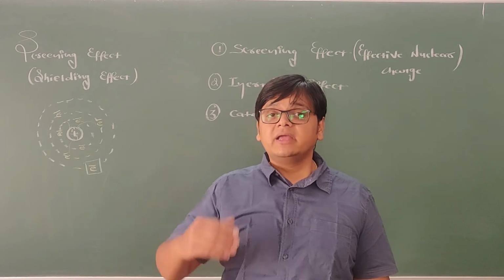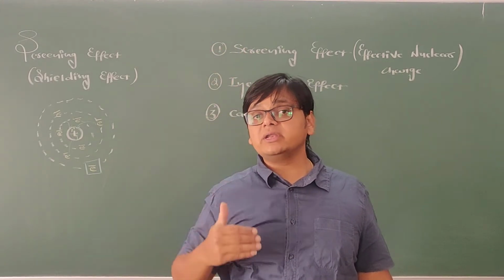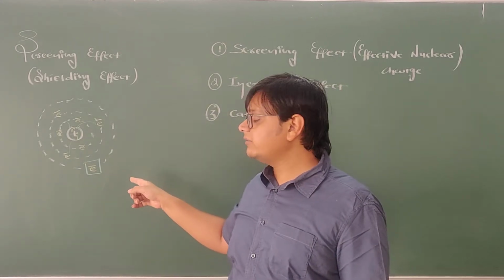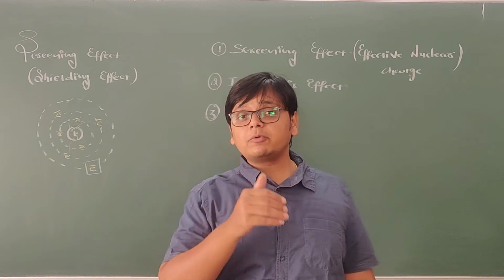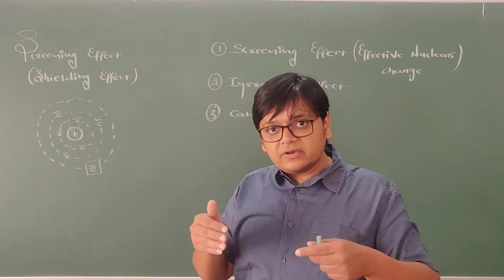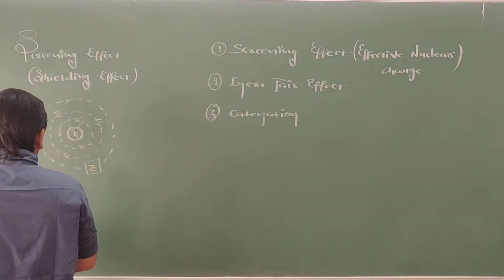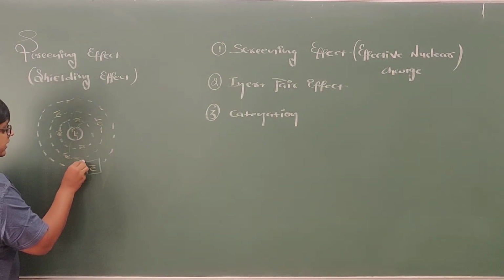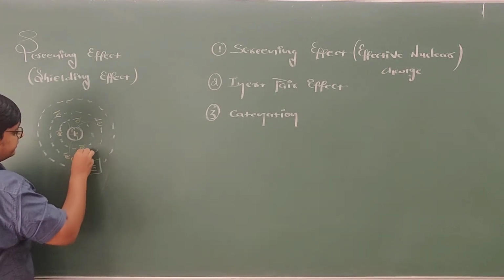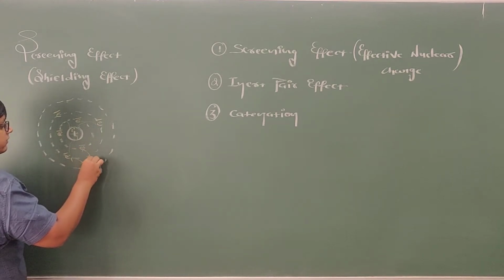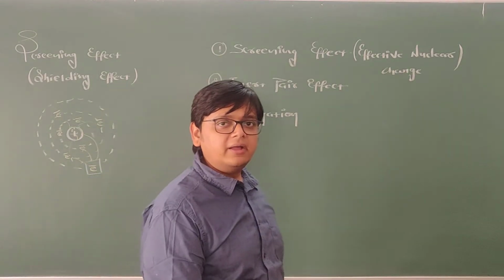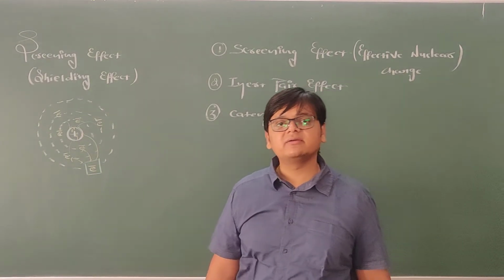As we move down the group gradually, the atomic number will increase, and ultimately the number of protons as well as the number of electrons will increase. Whenever the number of electrons increases, electrons will repel each other. At some point, the repulsion between electrons will be more than the attraction between electron and proton, and this effect is called the screening effect.